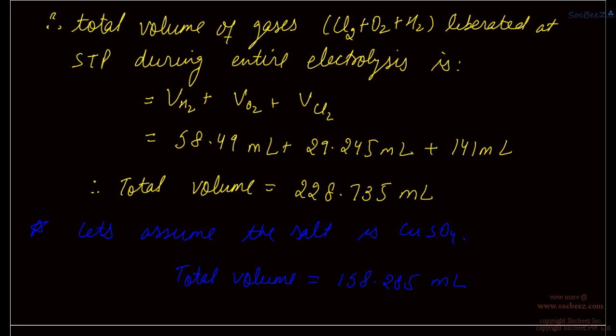Because in this case, volume of O2 at anode will be 70.55 milliliter at STP, and volume of H2 at STP released at cathode will be 58.49 milliliter, and further volume of O2 at STP released will be 29.245 milliliter.